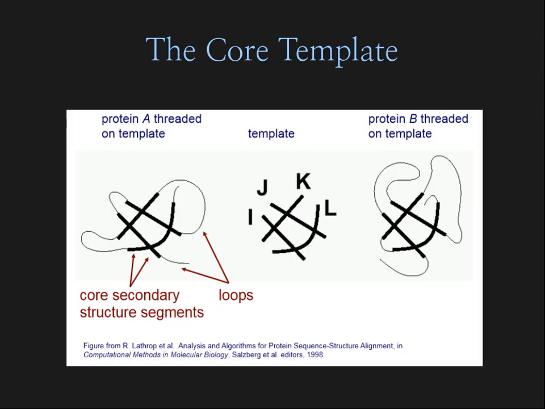We then take that template, whose structure we know, and we can take another amino acid sequence and fit it to that structure. Imagine for a minute that all of these are tubes, and that you have a string of amino acids that you can slide through here and find the place where it's the best fit with each of these structures.